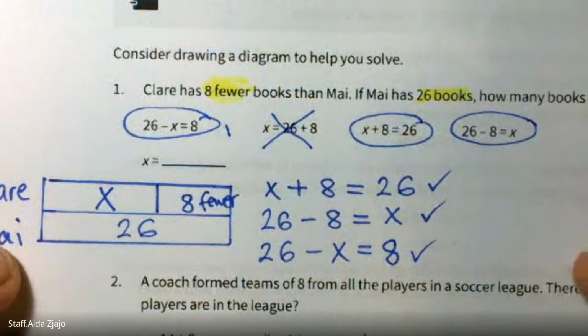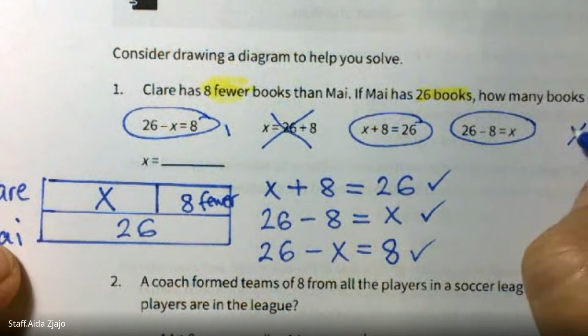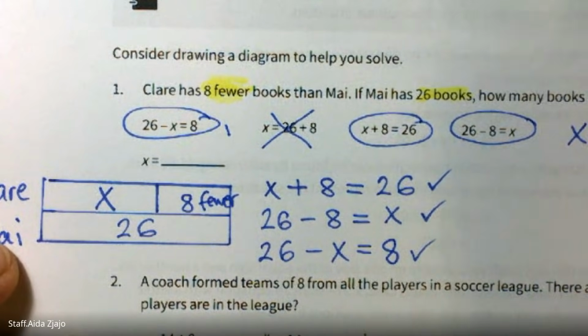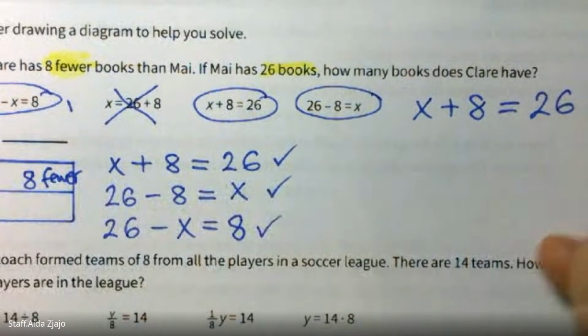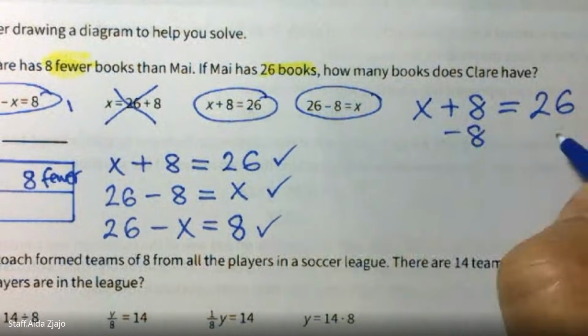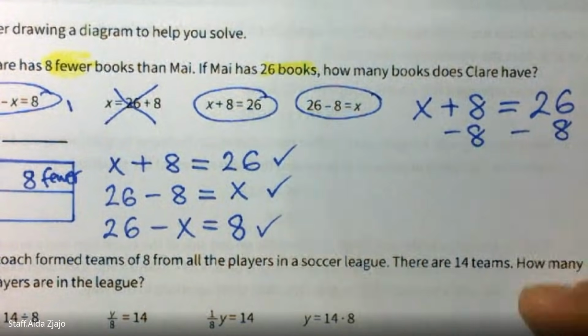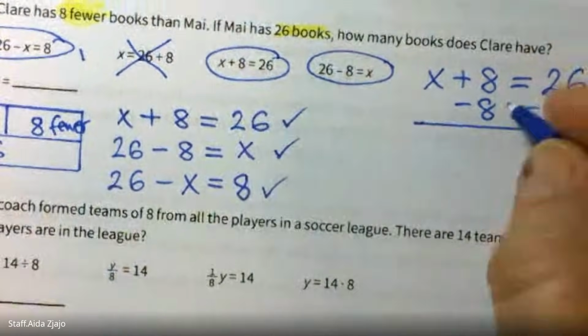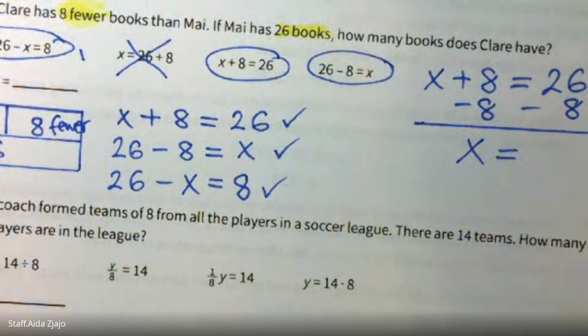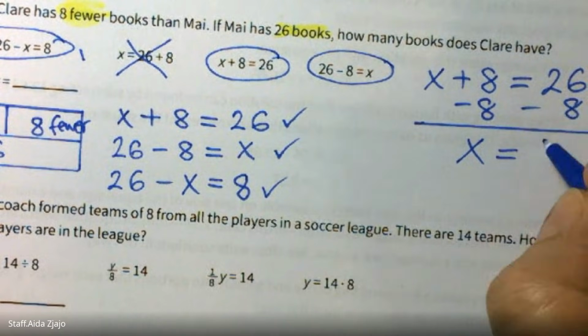If we need to solve it, we can say x plus 8 must equal 26. When we subtract 8 from both sides, we will get our answer. x equals 26 minus 8 equals 18.